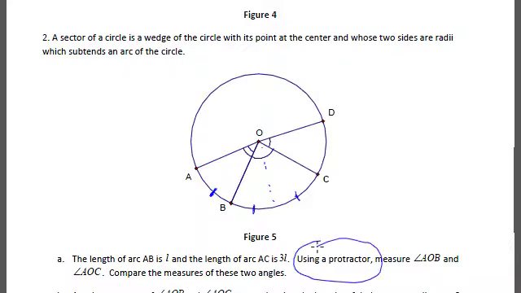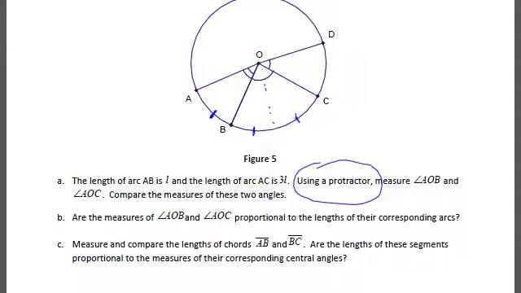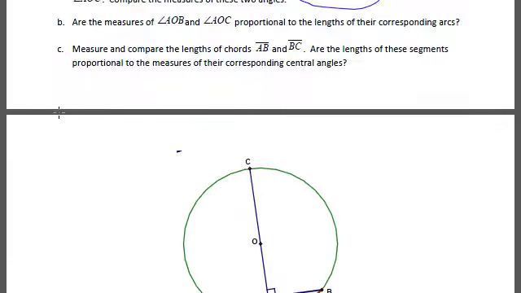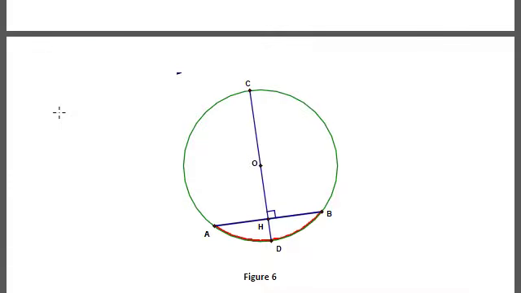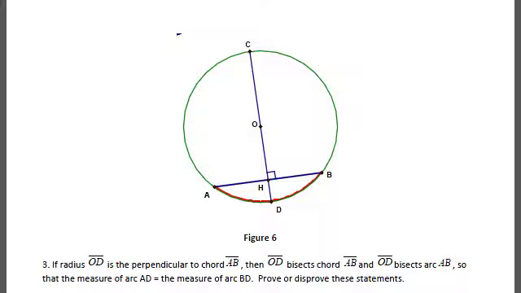In part B, you're answering the questions of whether or not those angles are proportional, at least to the arcs, and then you're measuring the lengths of segment AB, which we refer to as a chord, and BC.